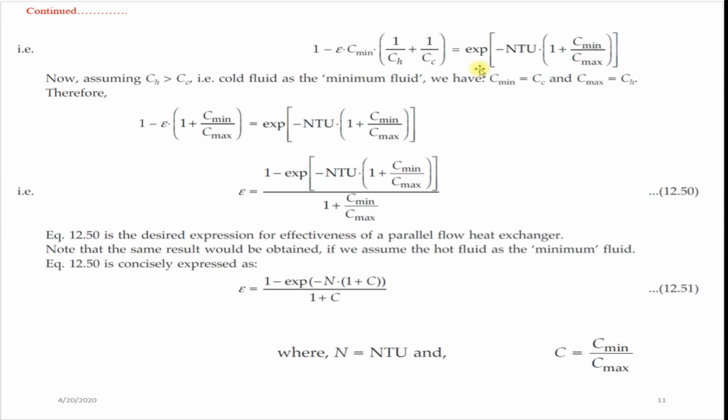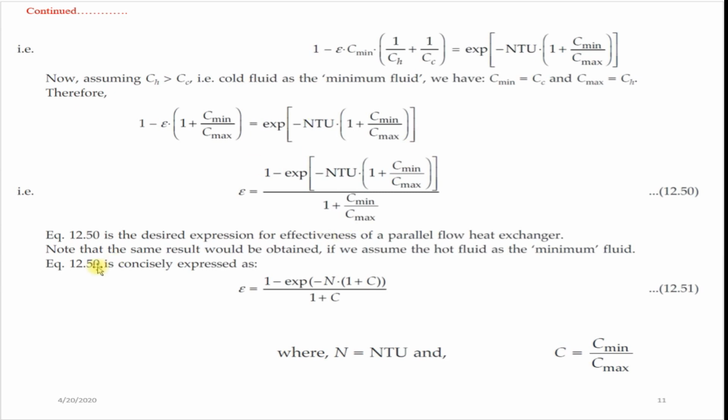Writing this for epsilon, which is nothing but the effectiveness, you will get 1 minus exponential of minus NTU into (1 plus C minimum by C max) divided by (1 plus C minimum by C max). You can assume CH greater than CC also, that is, CC as C minimum, and you will get the same final expression for the effectiveness equation.